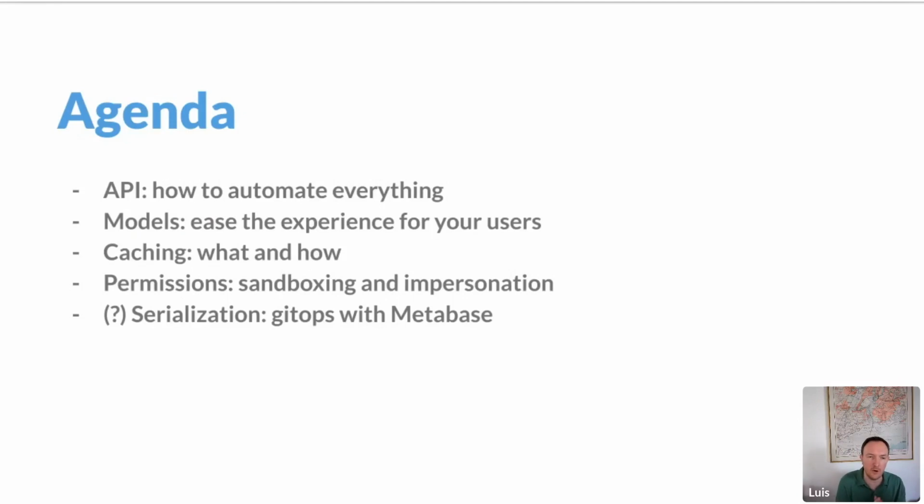So please let us know if you have any specific questions about any of these topics, and also if you want us to cover another topic, here or in another version of this Metabase Advanced talk. Having said this, let me first go to the API section.